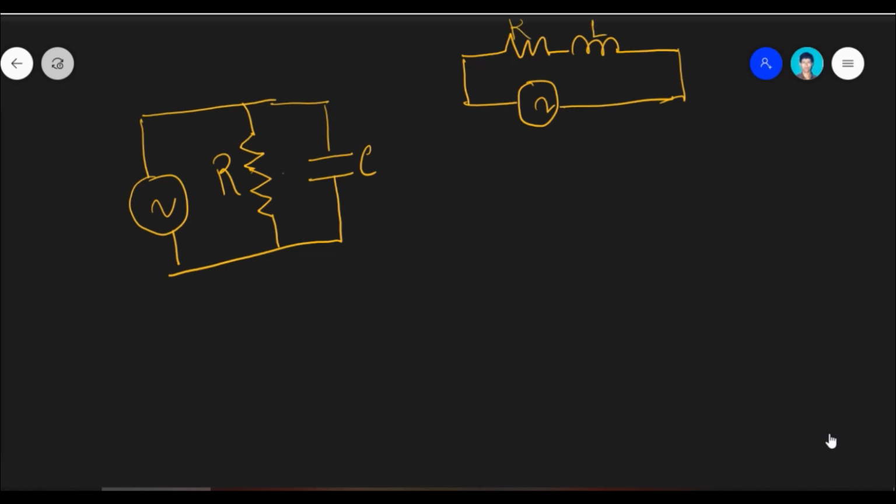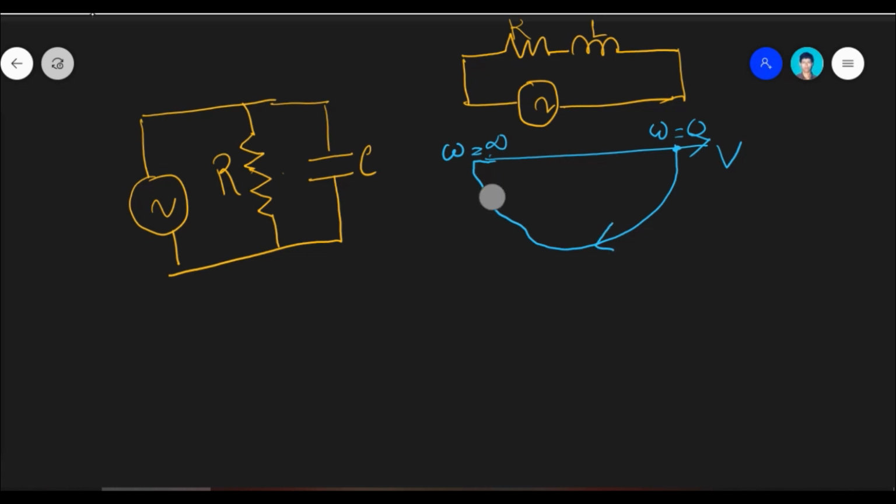So what type of locus did we get for the RL series circuit? It was like this. First, this one was your G, this was your omega is equal to 0, and this was your omega is equal to infinity.